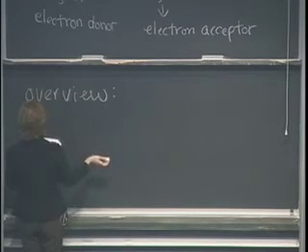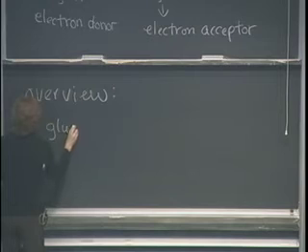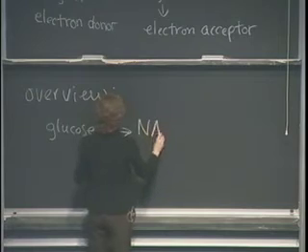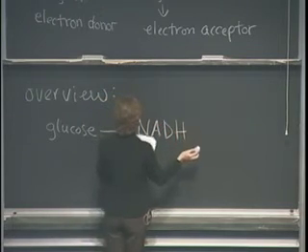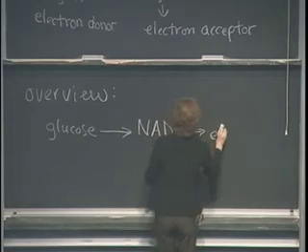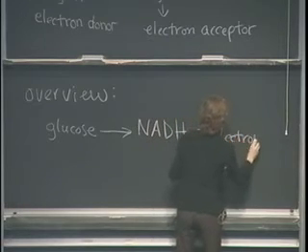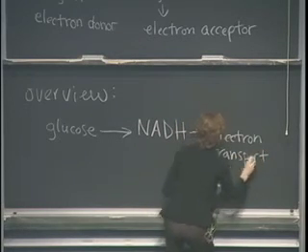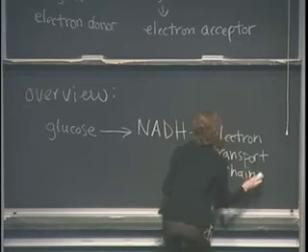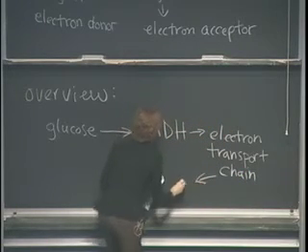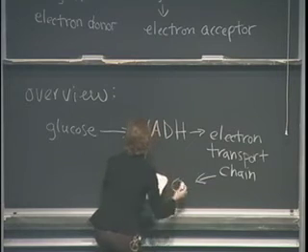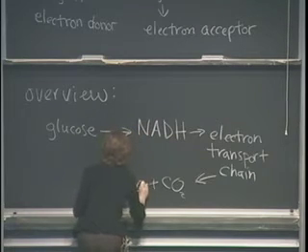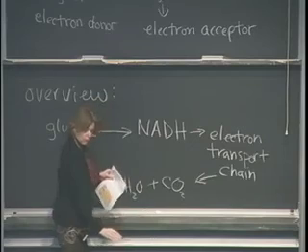Right, so electrons are traveling along a route that starts with glucose, then moves to NADH, then enters the electron transport chain, and finally the byproducts are CO2 and H2O.